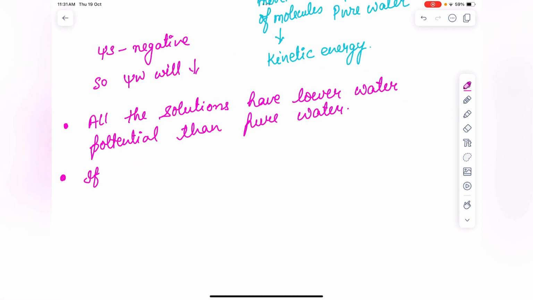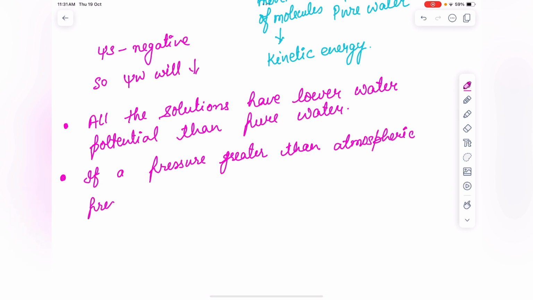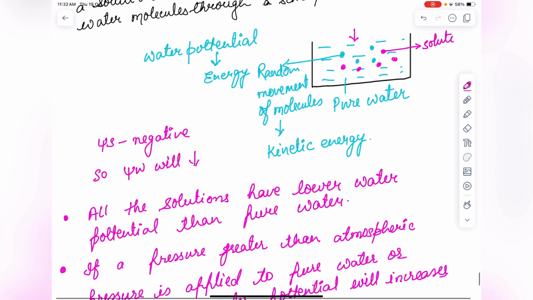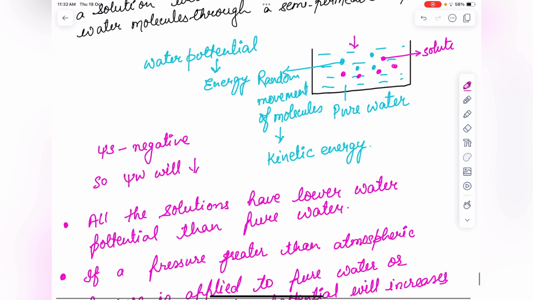If a pressure greater than atmospheric pressure is applied to pure water or a solution, its water potential will increase. We have already discussed this in the previous class.